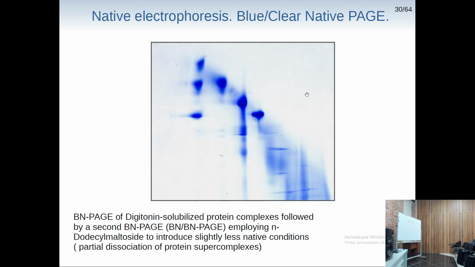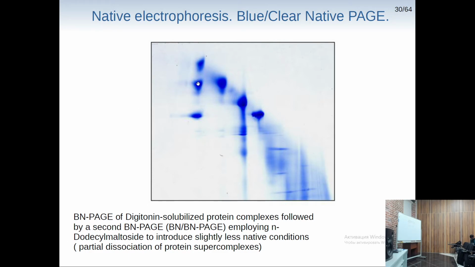You know, there's a lot of complexes of proteins in mitochondria, and you can see that in the first separation it was absolutely native, blue native gel. In this separation you use gel with some addition of slightly denaturing maltose here.